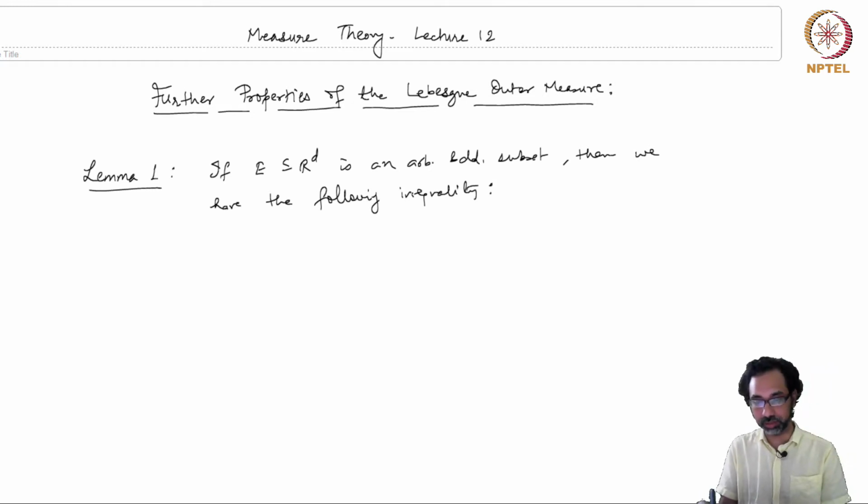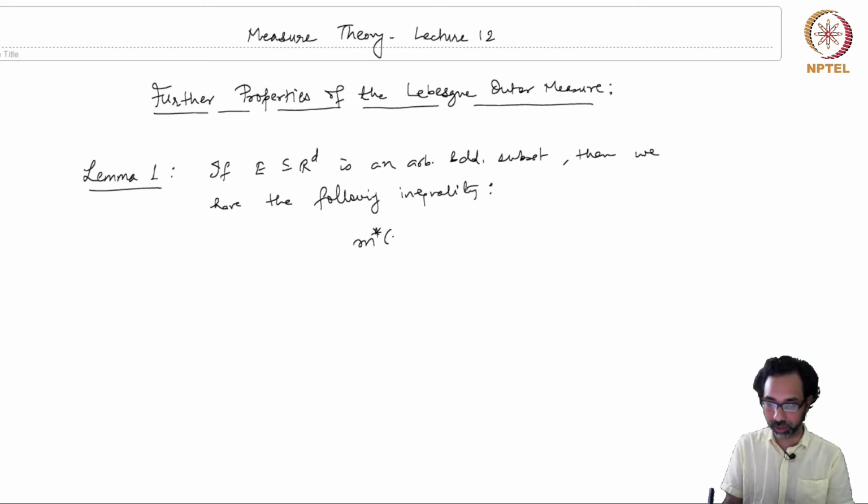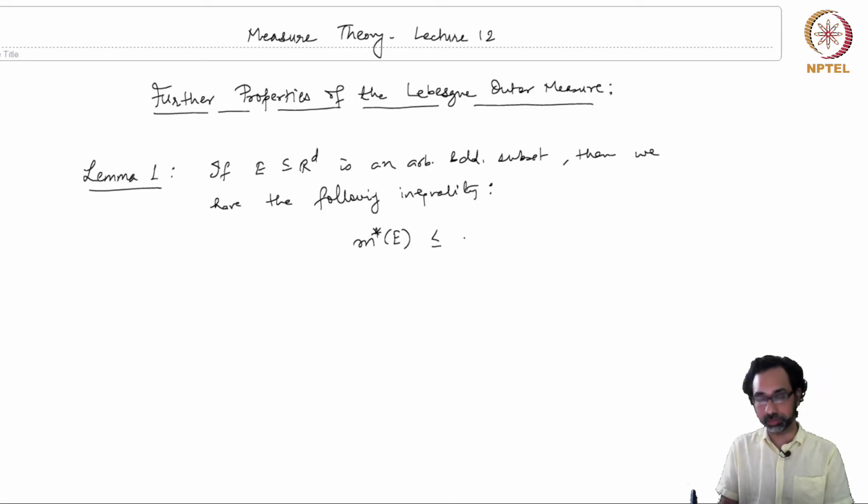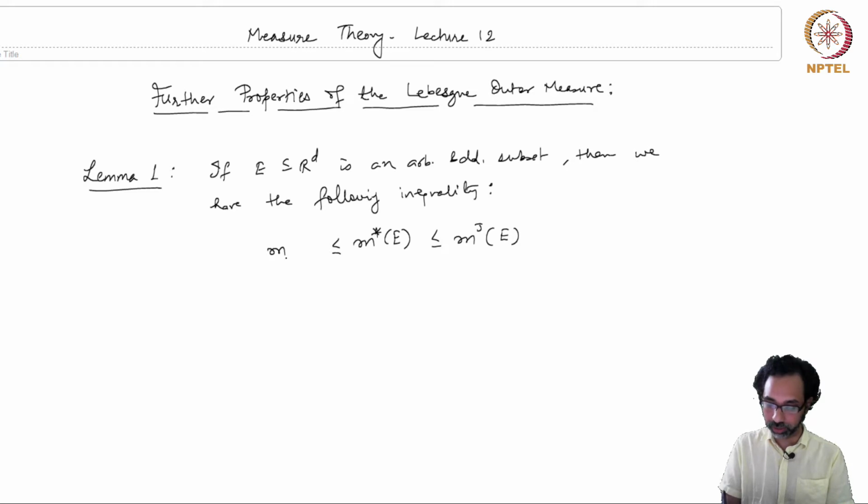which compares the Lebesgue outer measure m star E with that of the Jordan inner and outer measures. So we have already seen that the Lebesgue outer measure is bounded above by the Jordan outer measure, but it is also bounded below by the Jordan inner measure.